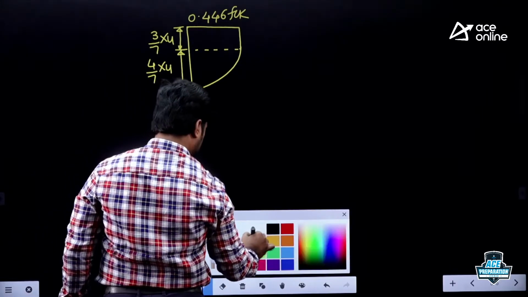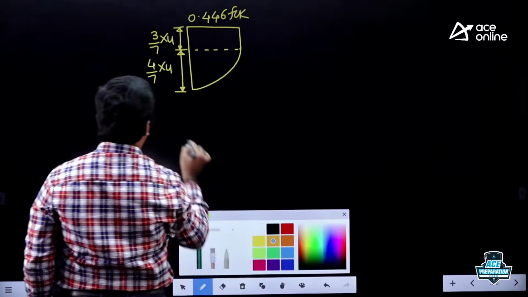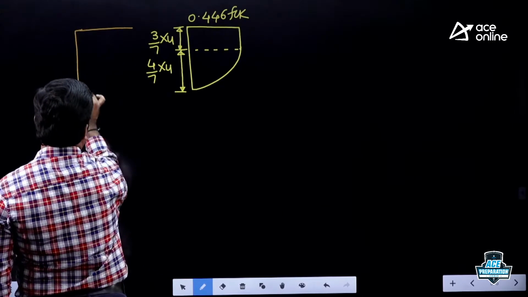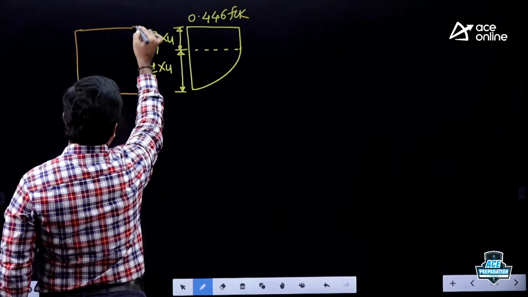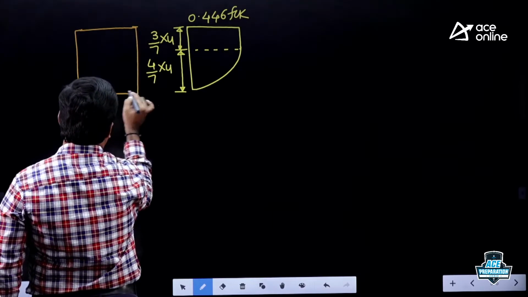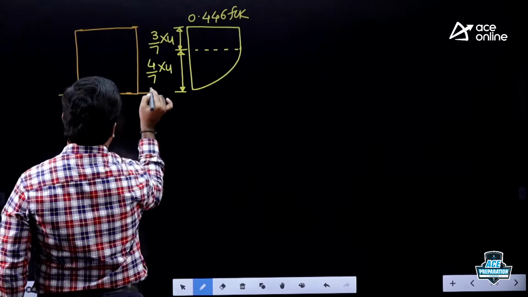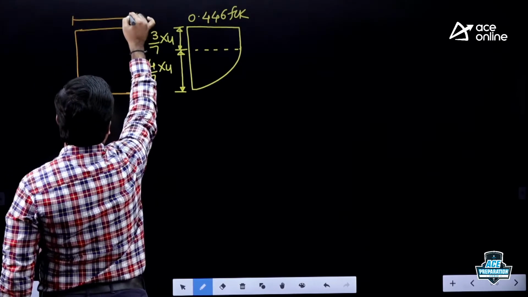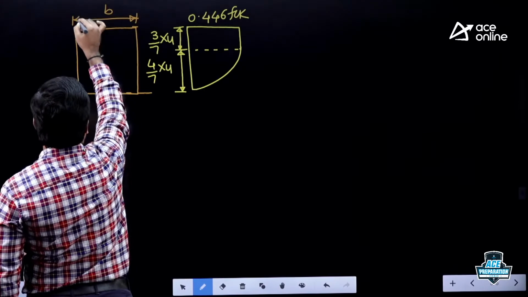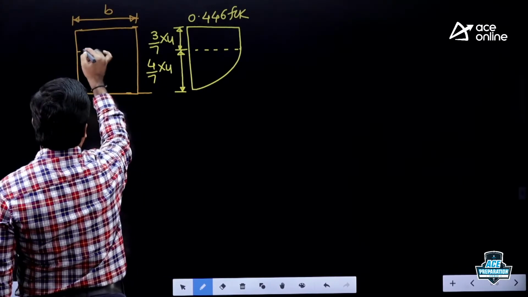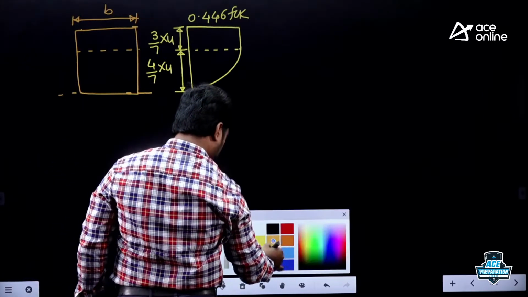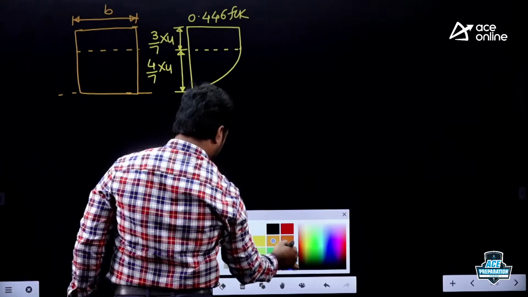Now, I would like to take the beam cross section up to the neutral axis position. So what is the width of the beam? Width of the beam is B. Now take, my dear, this one.